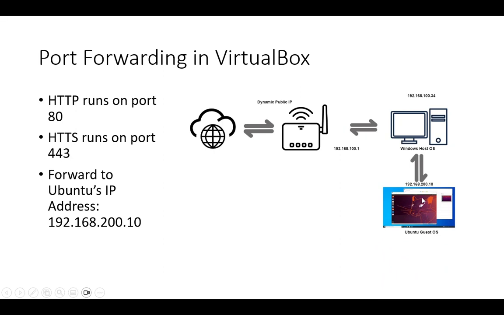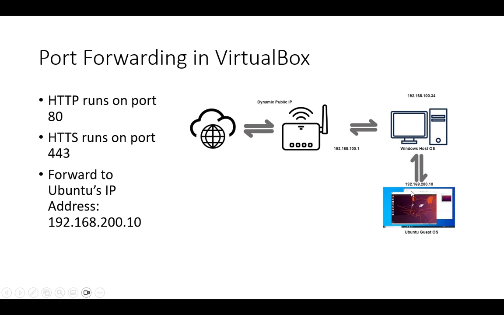HTTP port number to the VirtualBox, because what we did here is that the Apache web server is installed inside Ubuntu, not inside the Windows OS. So what we need to do now is port forward the Apache web server installed in this VirtualBox to the internal network of our VirtualBox.